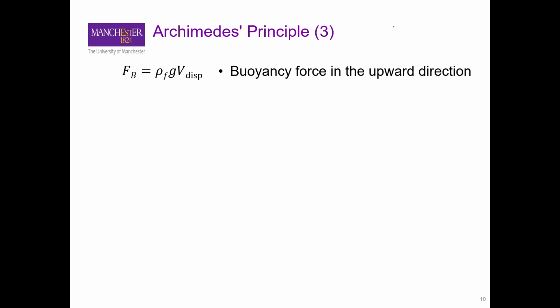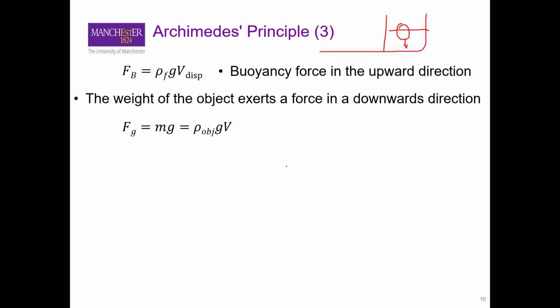And if we are looking at an object, for example, that is submerged in water, there would be another force on this object, that would be the weight of this object, that is the gravitational effect. So we have Fg is equal to mg, and we can write m as rho object times V of the solid times the gravity.